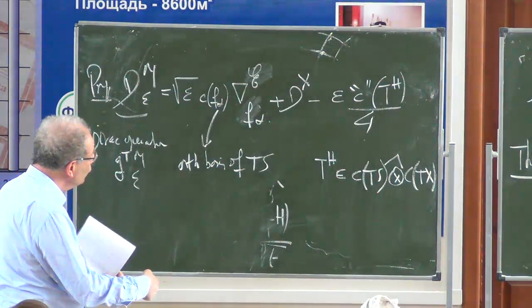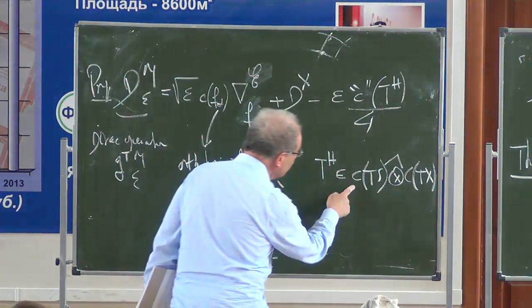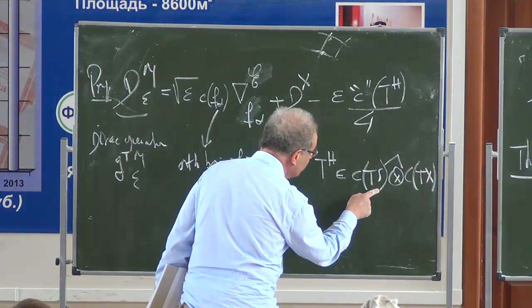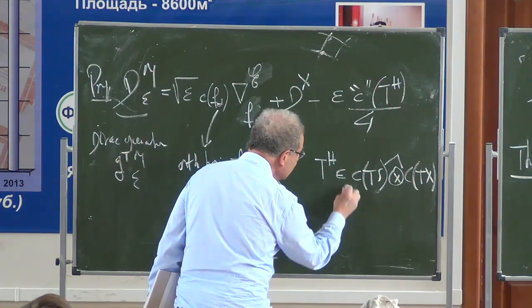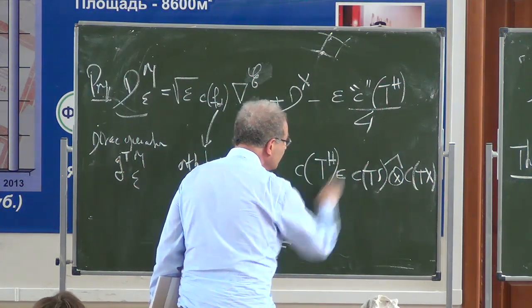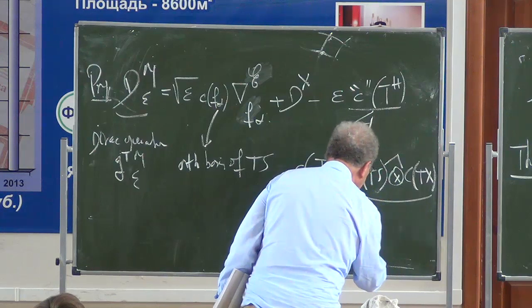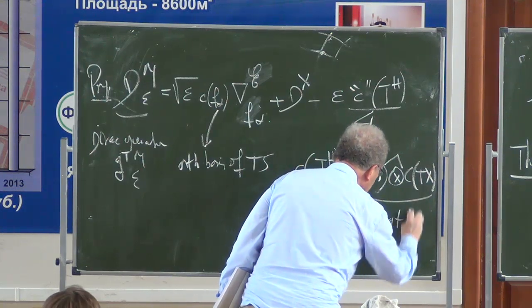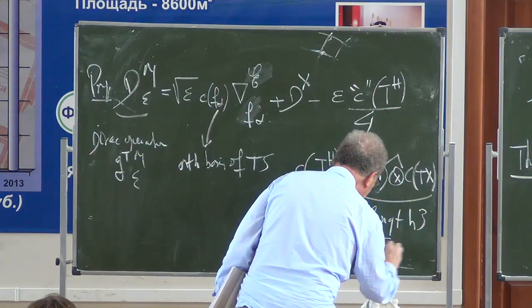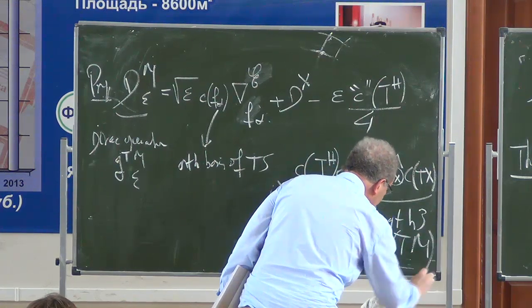But again, a two-form on the base can also be identified with an element of the Clifford algebra of the base. So ultimately, this c(T^H) is an element of length 3 in the total Clifford algebra of TM.